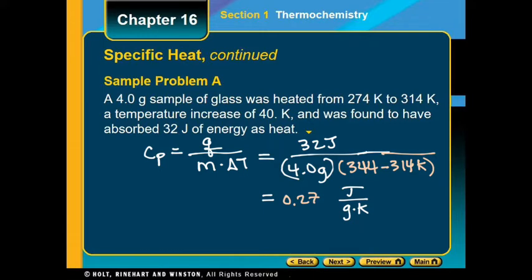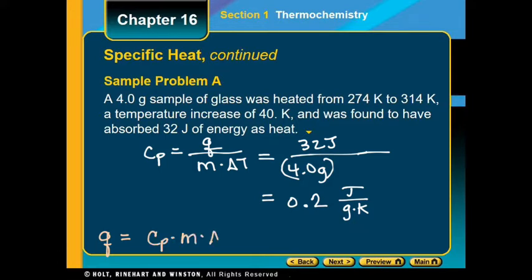Part B actually asked for how much energy the same glass sample will gain when heated there. So we're going to use what we had earlier, which is the 0.2 joules per gram Kelvin as our C P value. And then we're going to calculate Q. So Q is equal to C sub P M delta T. C sub P is what we calculated earlier as 0.2 joules per gram Kelvin.